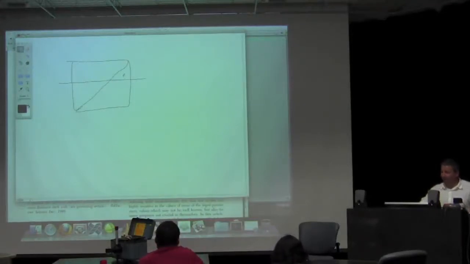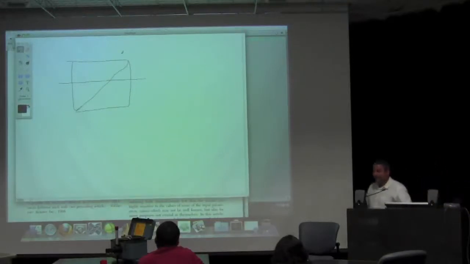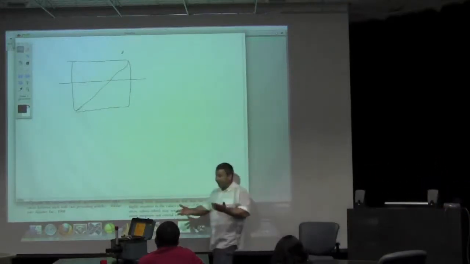Rather than moving a mirror, I can take this one prism and slide it along this surface, keeping them in contact with each other, and I can change the path length through the prism by doing that. And as a result, I have a fairly vibration insensitive interferometer.